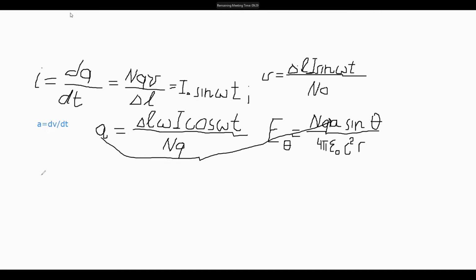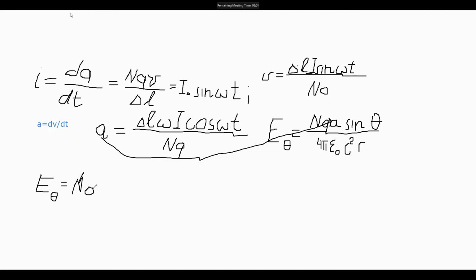And after that, we will have such kind of equation.